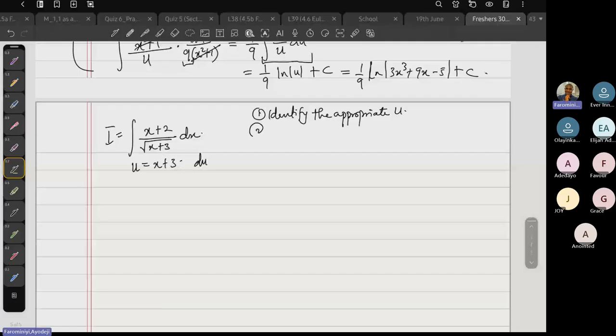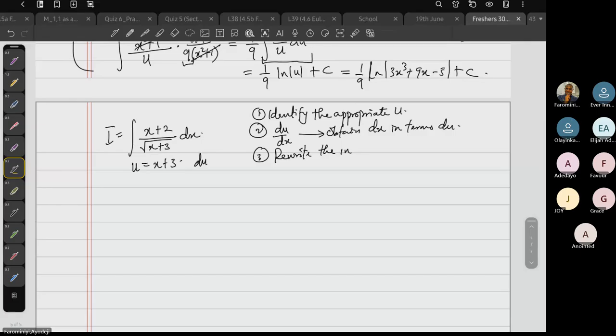Next thing is to take the derivative of that u, so du equals dx, from which you now obtain the x in terms of u. Then 3, you rewrite the integrand in terms of u and du.